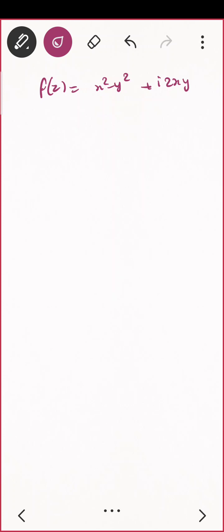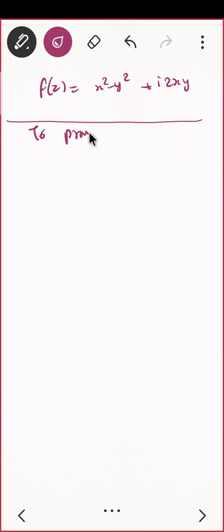As per the previous theorem, if it is differentiable, then it should satisfy Cauchy-Riemann equation. Now if it fails to satisfy Cauchy-Riemann equation, then I can clearly say this is not differentiable. Do you agree?